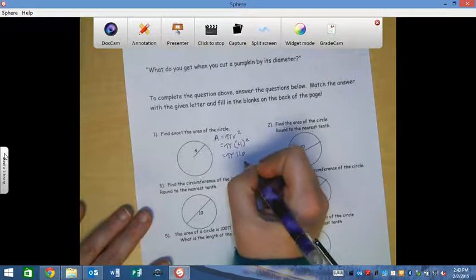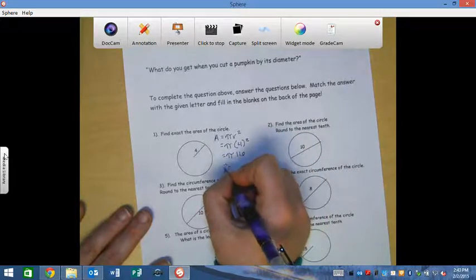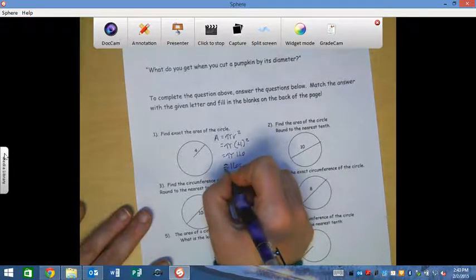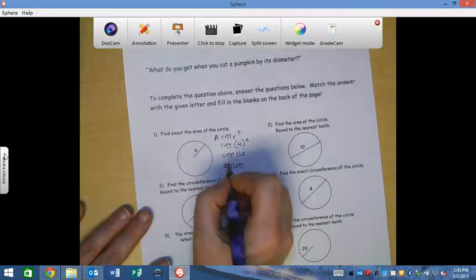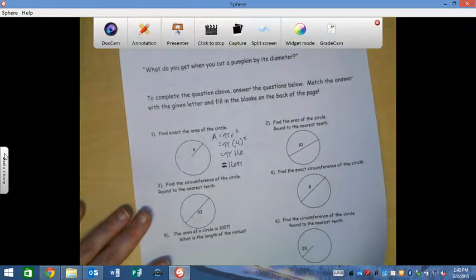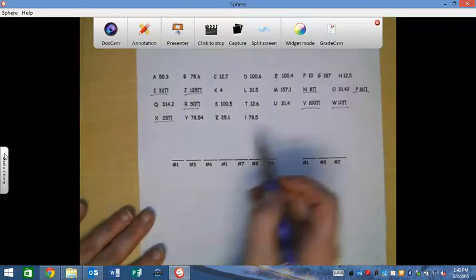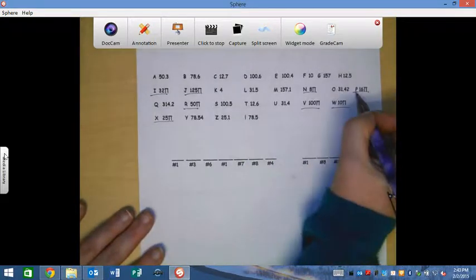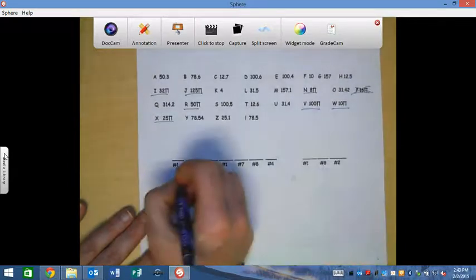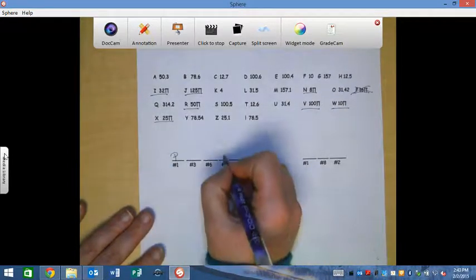We usually write the number first, so it's going to be 16 pi. That's supposed to be an equal sign, not the squiggly approximately, because it's exactly 16 pi. So when we flip it over, we're going to look around. Right here has 16 pi, so I can cross it out. And anywhere there's a number 1, I'm going to put a P.